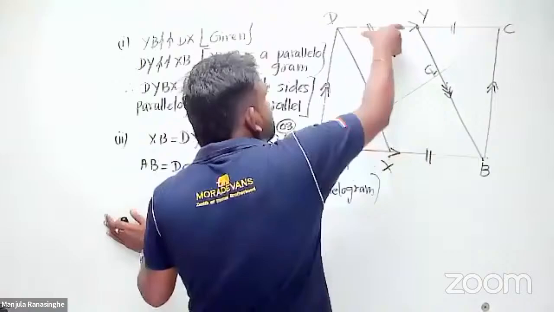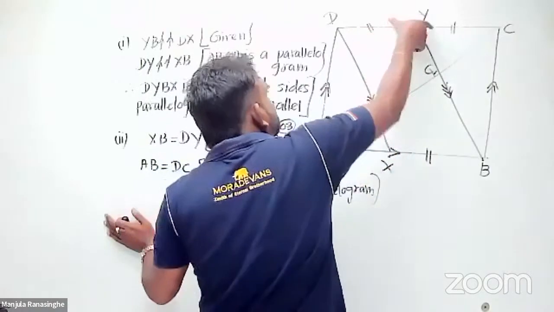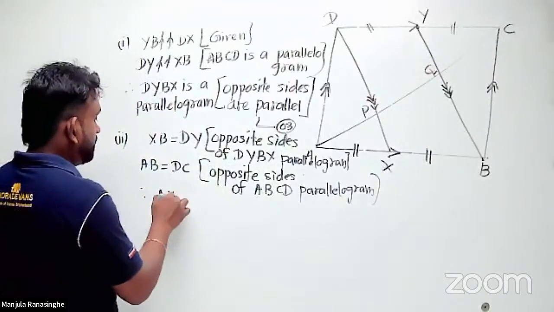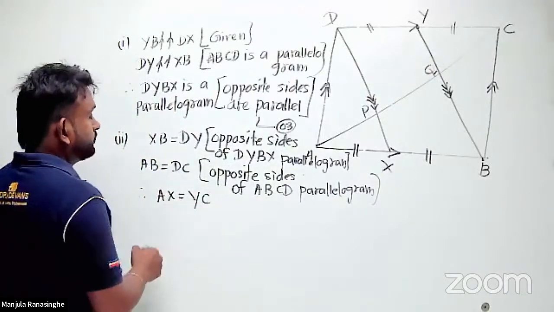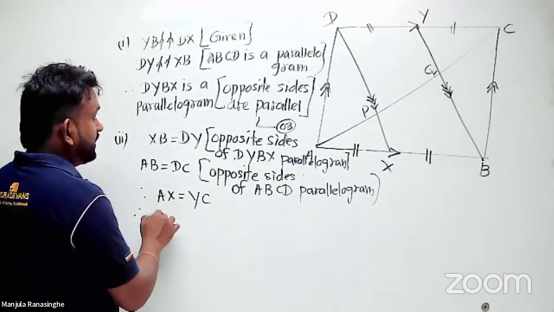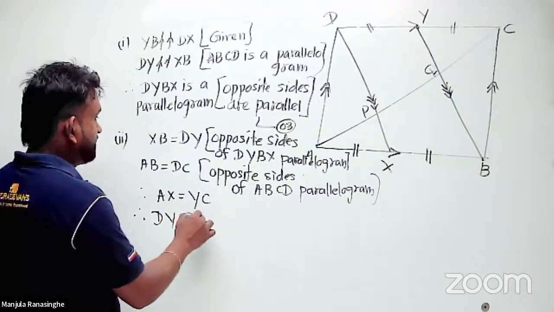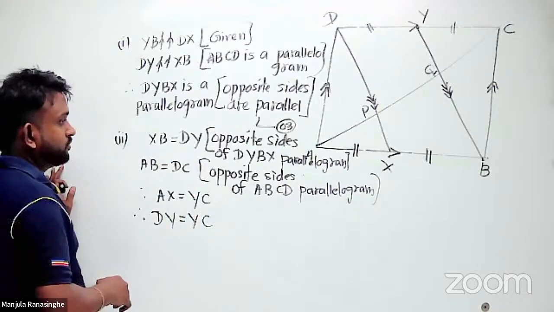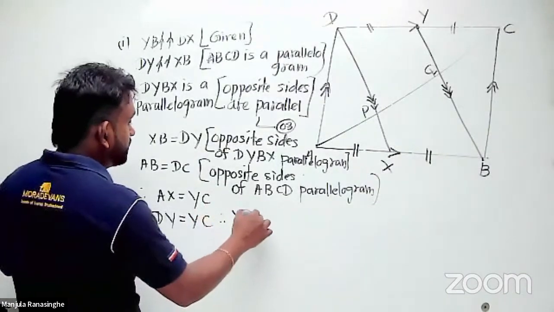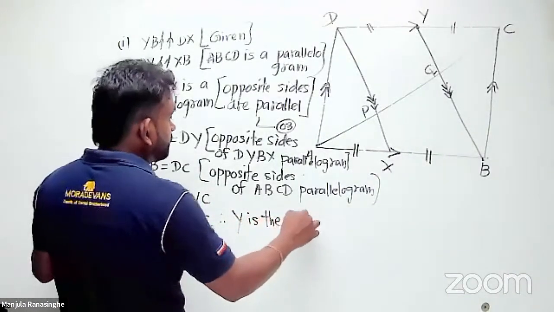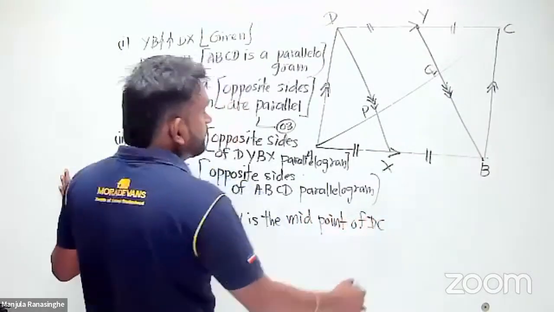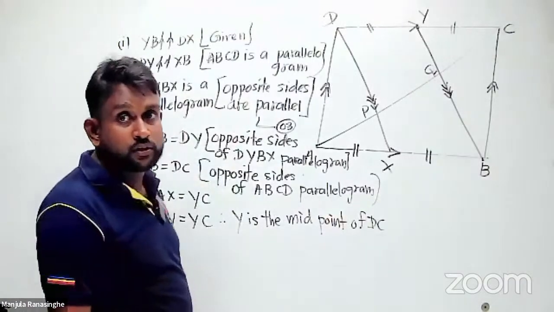So this side equals this side and these two lengths equal. Then individually these two parts equal. Therefore, write AX equals YC. Okay, now you can say that therefore DY equals YC. Therefore, Y is the midpoint of DC. Right. So that is proved.